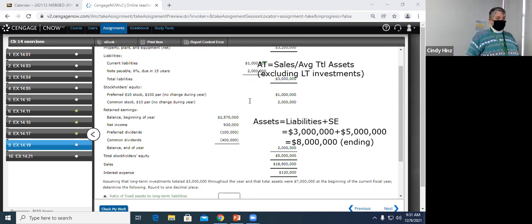So our average total assets, excluding those long-term investments, would be the average of 4 million and 5 million. That's $4.5 million.